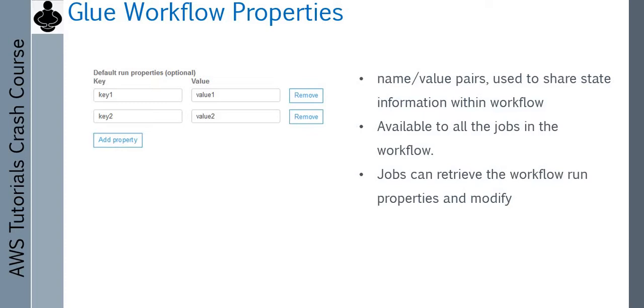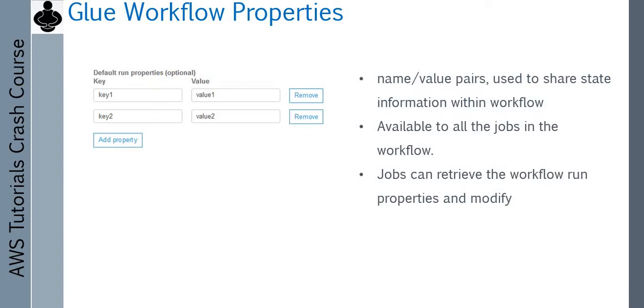And these key value pairs, jobs can fetch values from, or can also update the value. So you might have a scenario where you started a Glue workflow, a job started, and when the job finished, it simply updated the property with a certain value. Then the second job came, it read that property from the Glue workflow, and then it used that property in some business logic and then updated some other property.